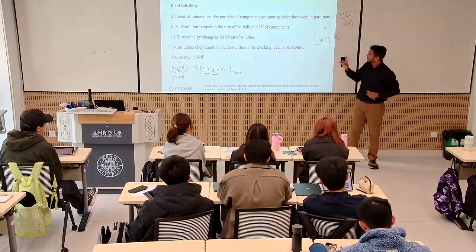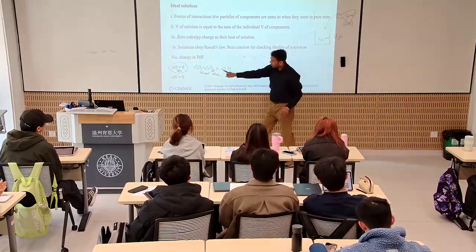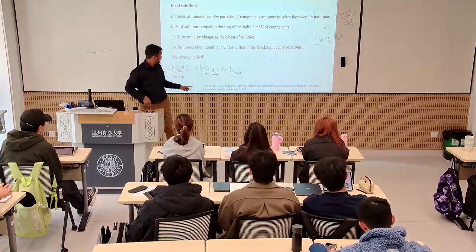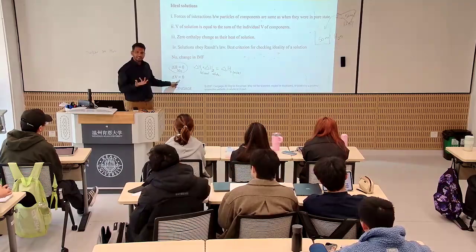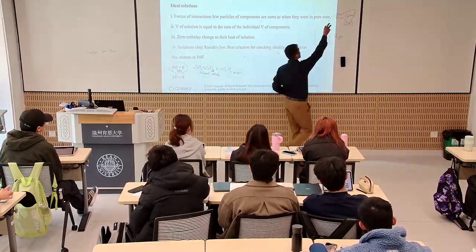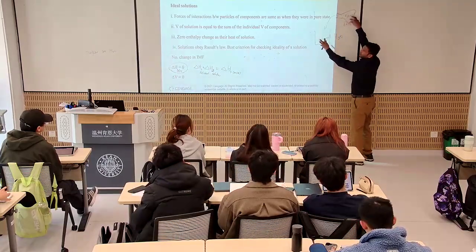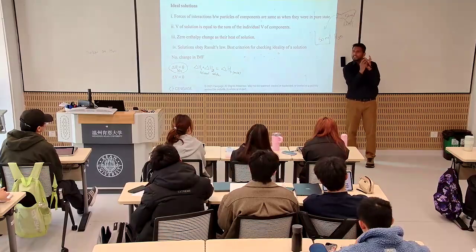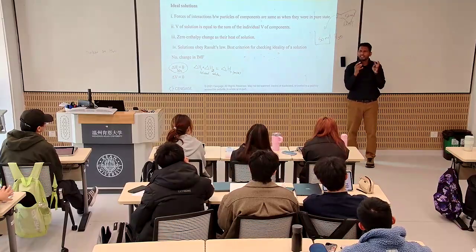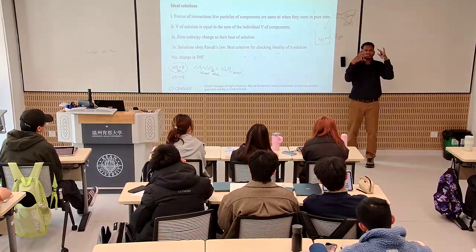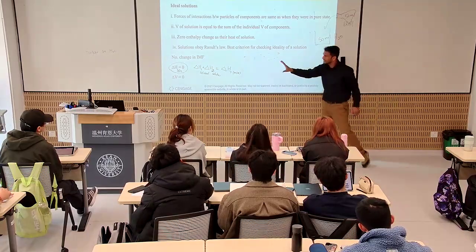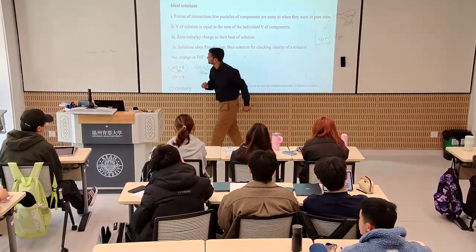But if the volume change is 0, it means that solution is ideal. The same forces are mixed with the same forces, so the volume neither decreases nor increases. So this is the criteria for an ideal solution.